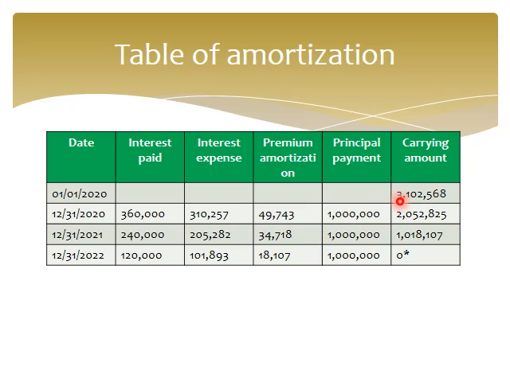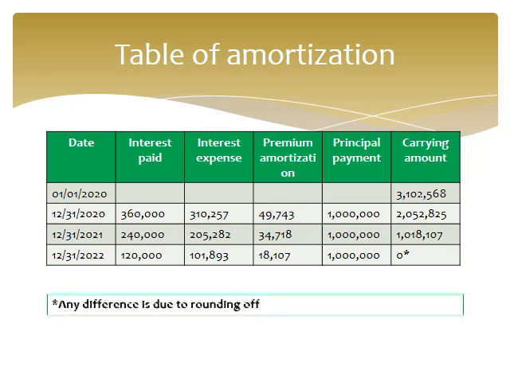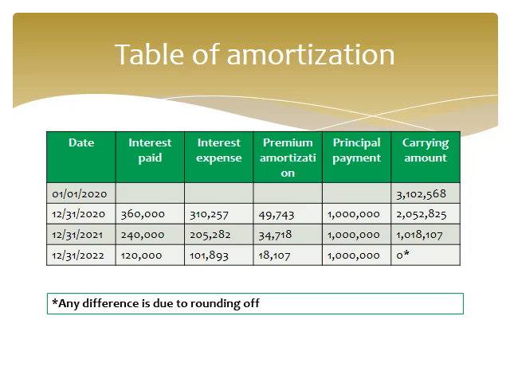Okay? At the end of year 3, the premium on bonds payable is fully amortized, meaning the carrying amount should equal the face value. Now, it is paid every year, so at the end of year 3, it is also zero. We no longer have a liability. The liability has been paid. So, again, any difference is due to rounding.